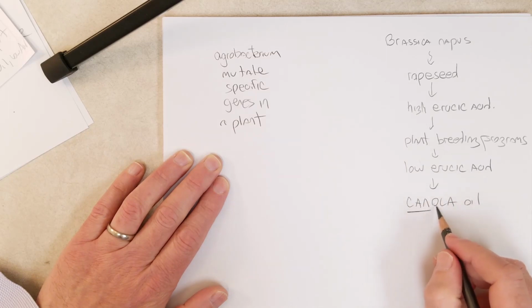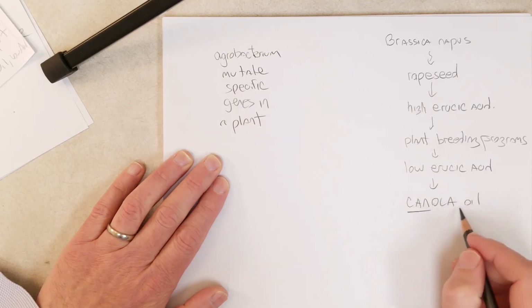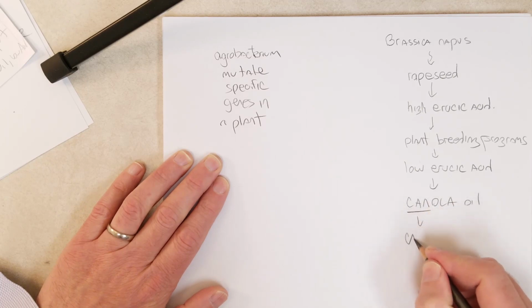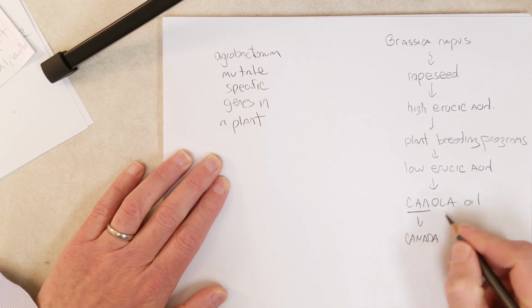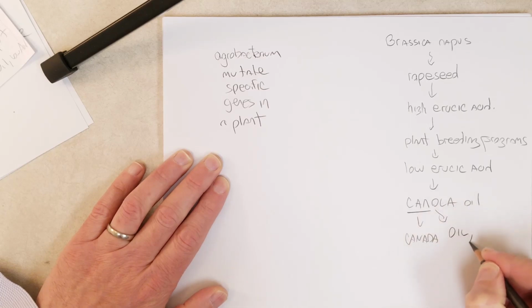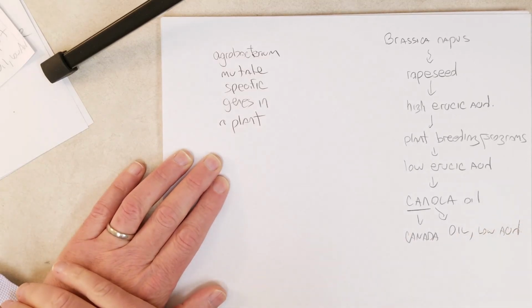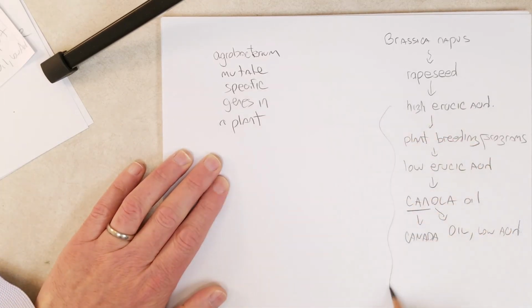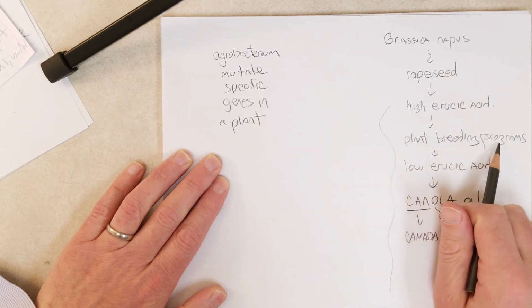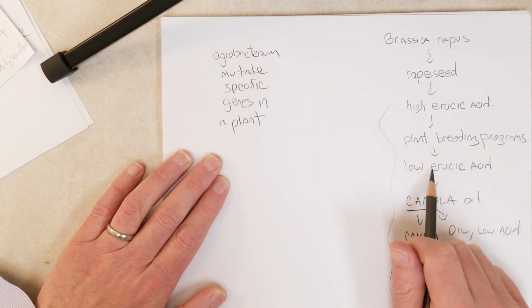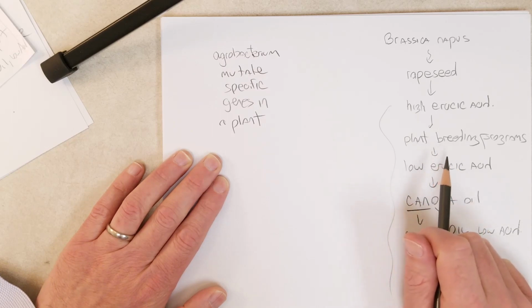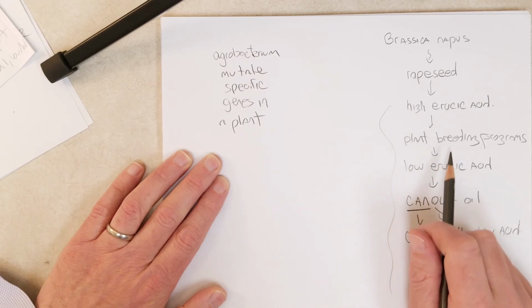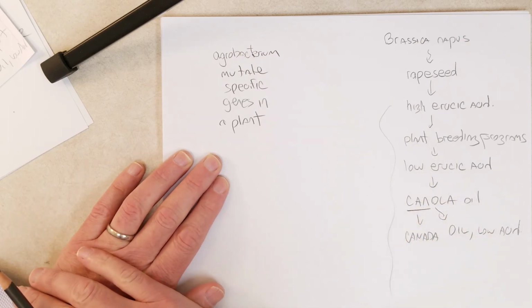And just a quick Wikipedia search suggests that canola stands for Canada, for CAN, O for oil, and then LA for low acid, so low erucic acid. So plant breeding programs are extremely labor intensive because you're screening thousands and thousands of plants, hoping to find at least one mutant that shows the phenotype you're interested in.